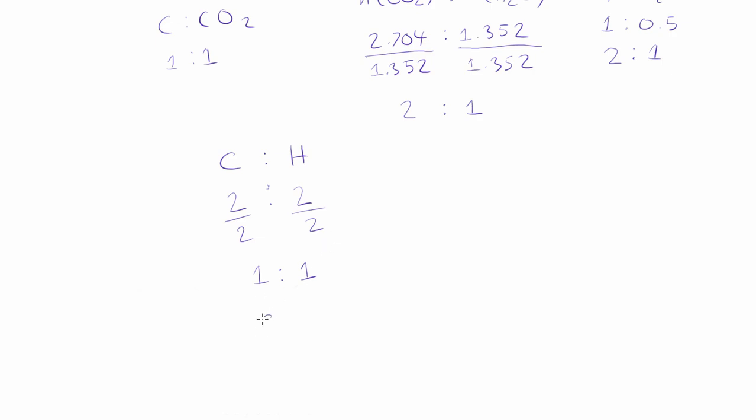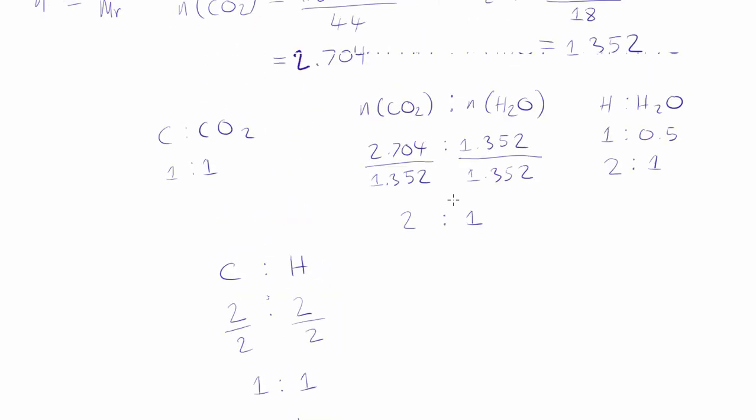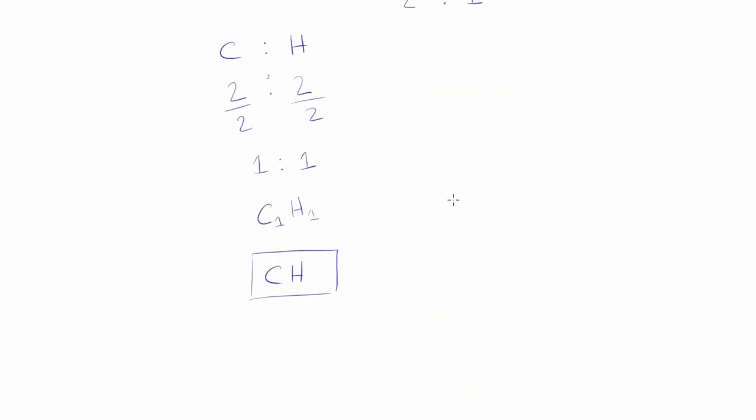This is effectively C1H1, but obviously, when we have a 1 in our formula, we don't actually write it. So in our specific case, we would literally just write CH as the correct representation. And so CH is actually our empirical formula for this particular question. Okay?